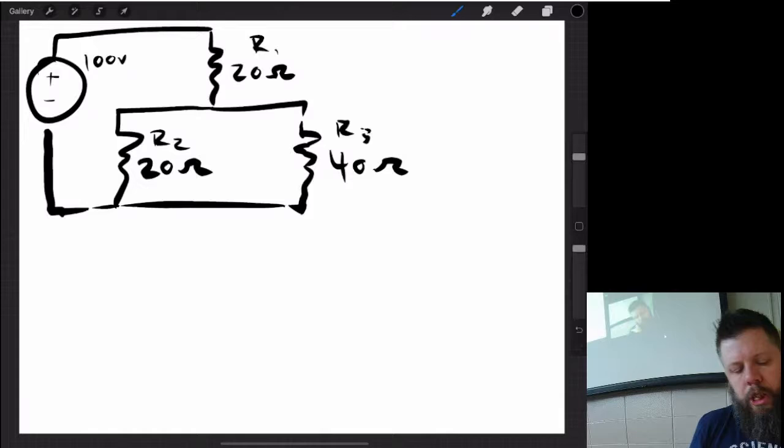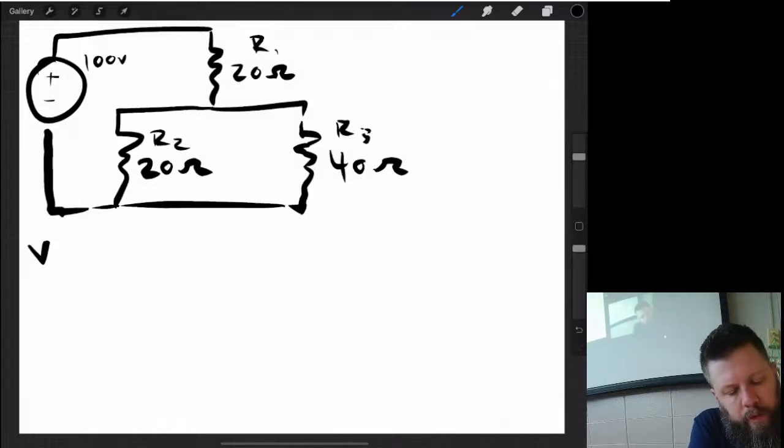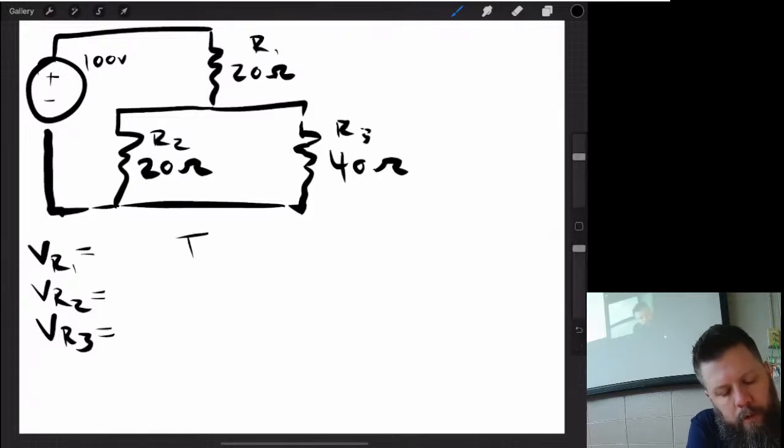Okay. I want the same stuff that I had before. So voltage across R1, voltage across R2, voltage across R3. I want current through R1, current through R2, current through R3.